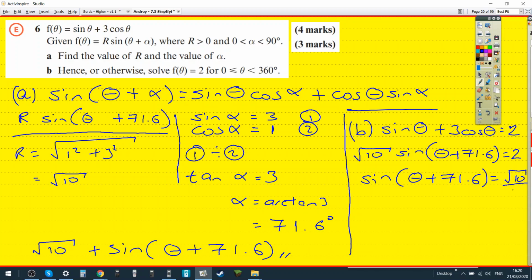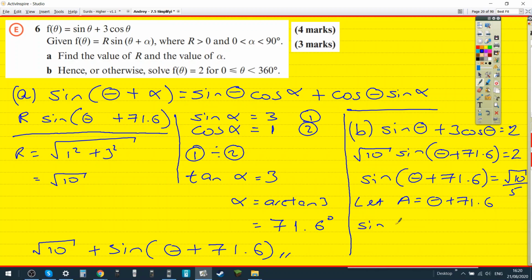And so will the final thing be like let A equal theta plus 71.6? Yep. And then it'll be sine A equals root 10 over 5.